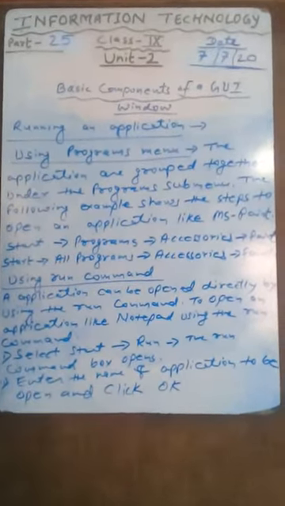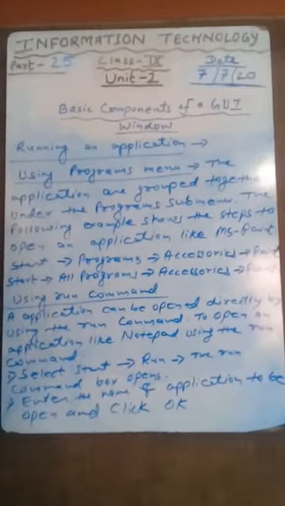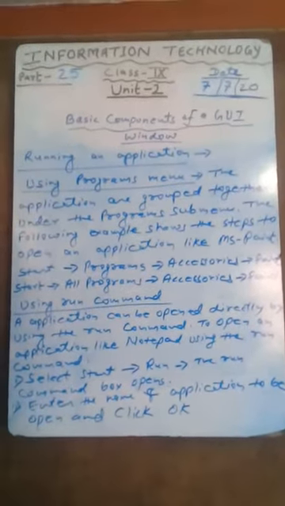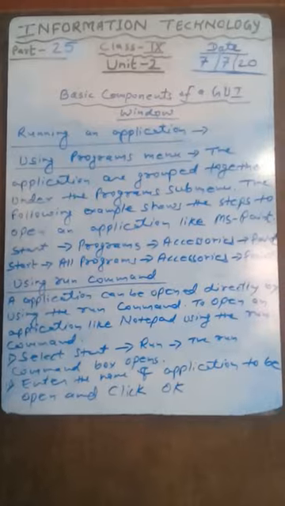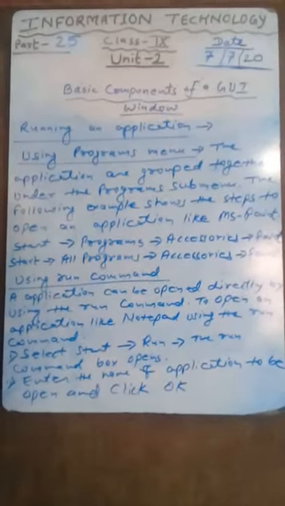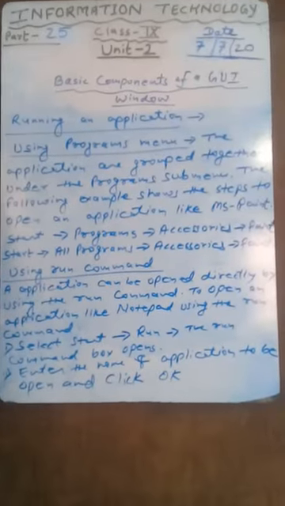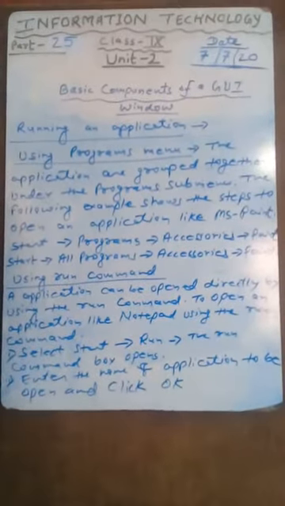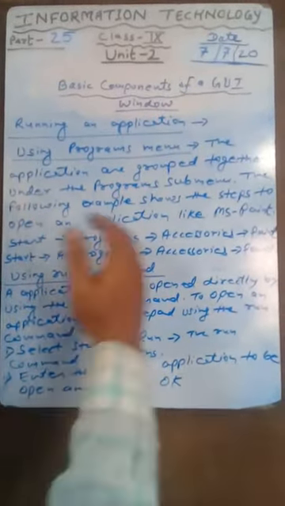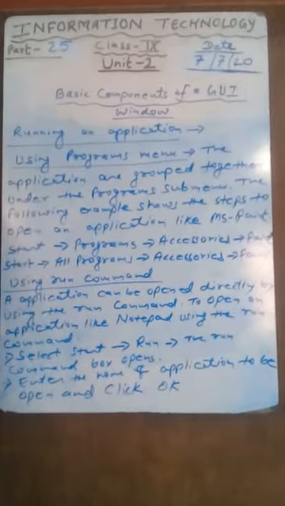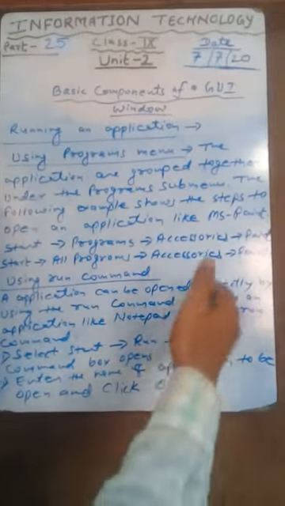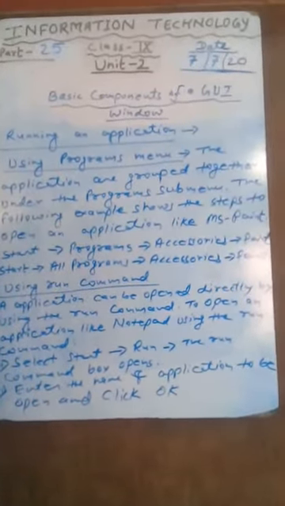Whichever application you want to open, you enter its name in the Run dialog box, and then click OK or press Enter. With the help of the Run command, we can open different types of programs. And now we can discuss the next point.